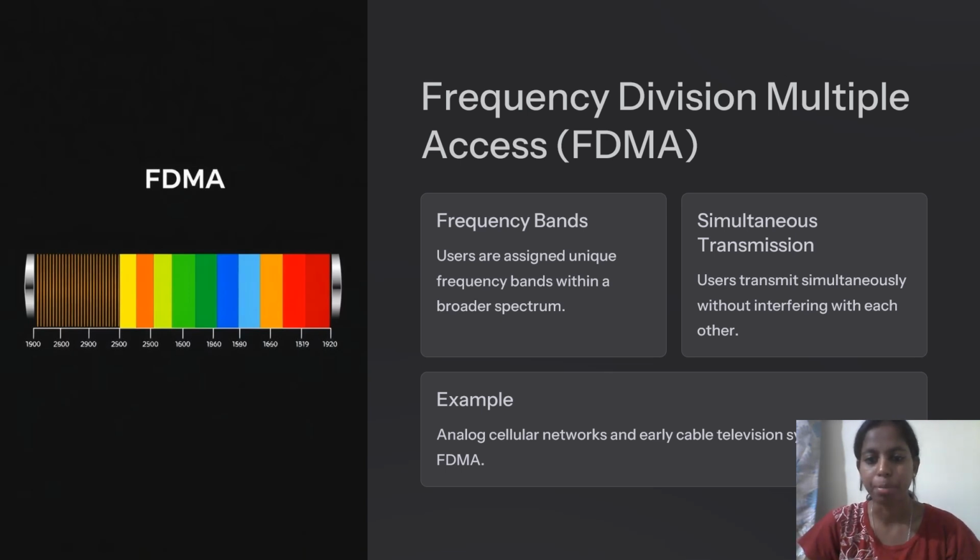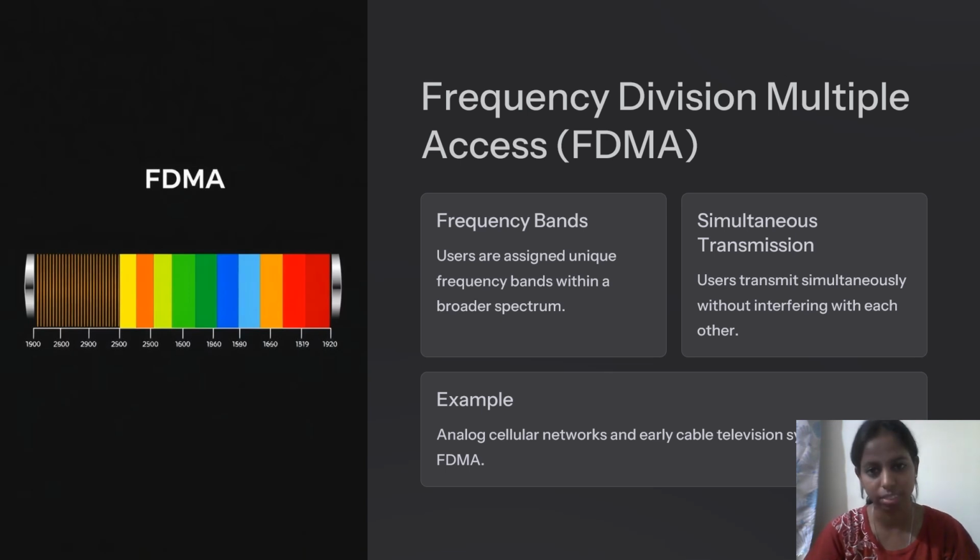That is called FDMA. Simultaneous transmission. Users transmit simultaneously without interfering with each other. As in FDMA, each user is assigned a unique specific frequency band, so they communicate with each other within that frequency band itself. They are not crossing those frequency bands while communicating with each other.